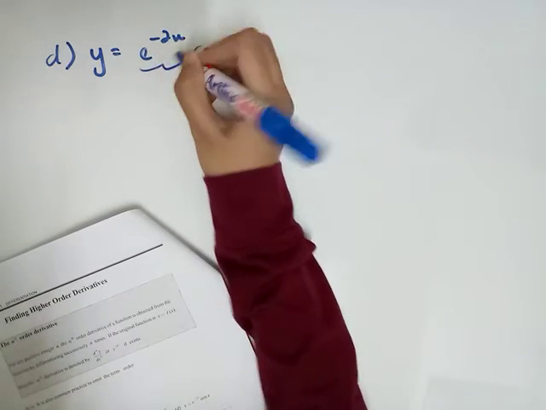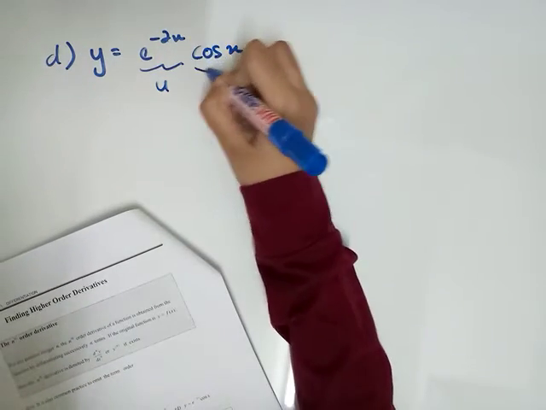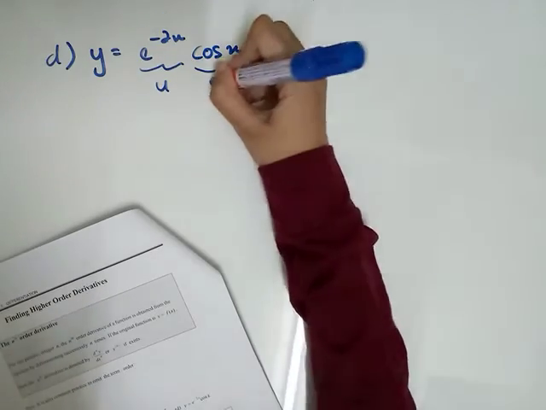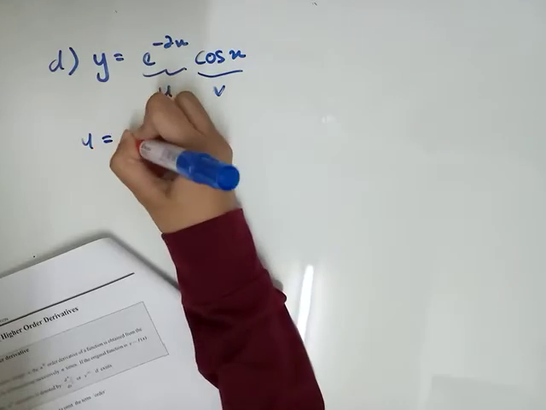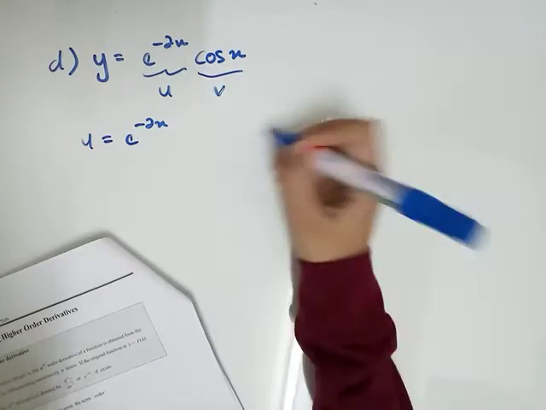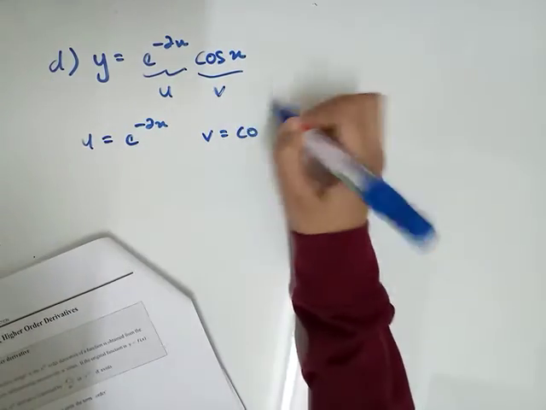So we let this as u, and then this cos as v. Okay, and then take them out. u equals e to the negative 2x, and then v equals cos x.